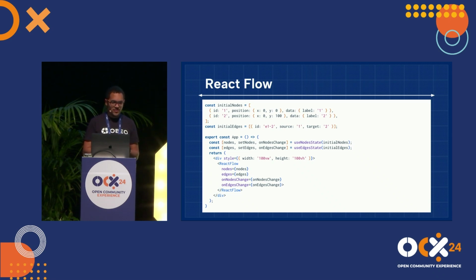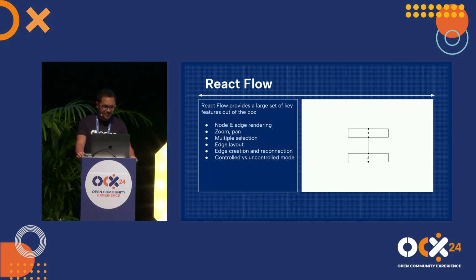It gives us in return the list of nodes, edges, and a couple of functions to update the nodes and edges when things are changing. We can use the React Flow React component and just give it back the list of nodes, edges, and a couple of callbacks when things are modified. And if you do that, you will have on screen your first diagram with 2 nodes and 1 edge. A fairly simple way to get started.